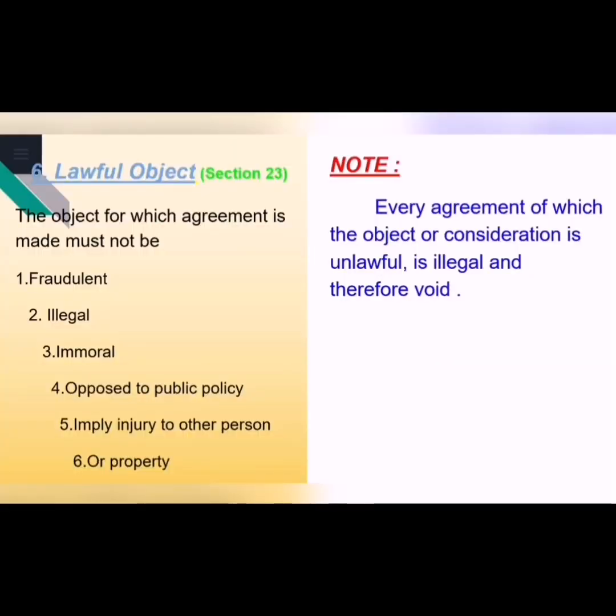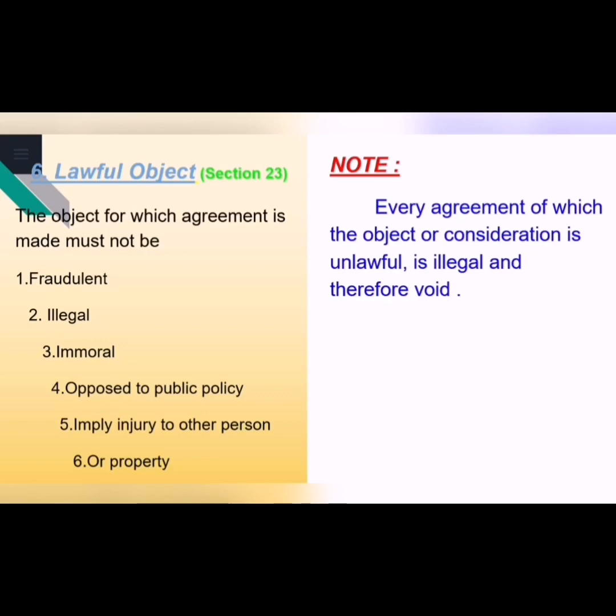Sixth essential regarding Contract Act is lawful object. The object for which agreement is made must be according to the law and should not be based on fraud, should not be illegal, should not be immoral, should not oppose public policy, should not imply injury to other person or property.